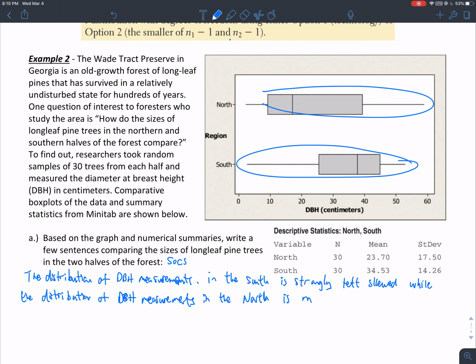I think you can use either there. Let's go strongly. Is strongly right skewed. Okay, so this is a comparison. Remember, comparison means you have to say one is bigger than the other, greater, less than, more, less than, stuff like that. Shape, we can't really do that. You just describe the shape.